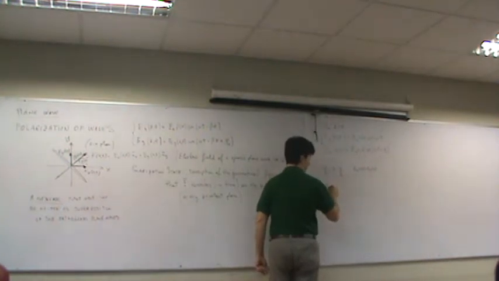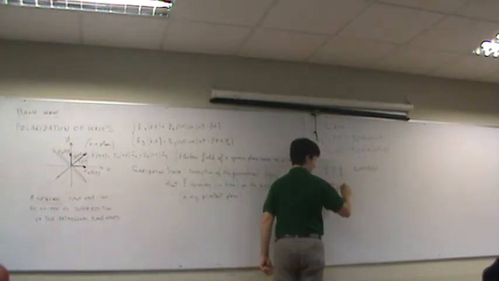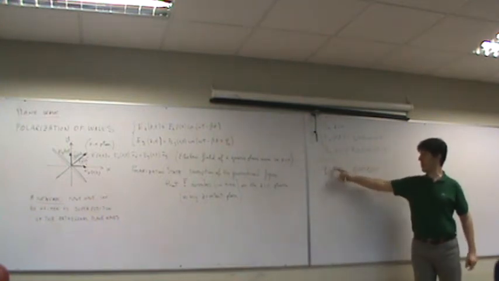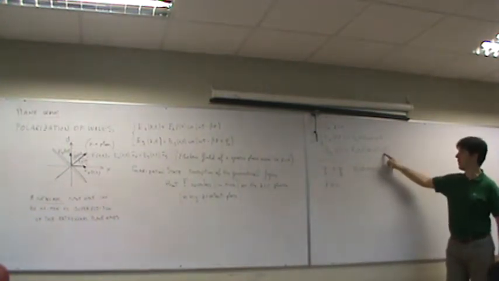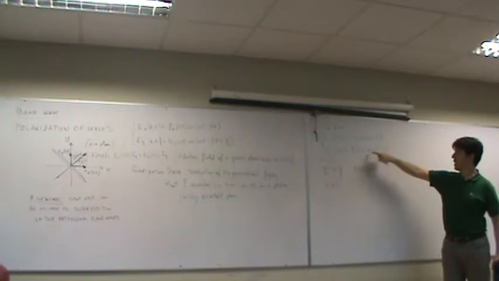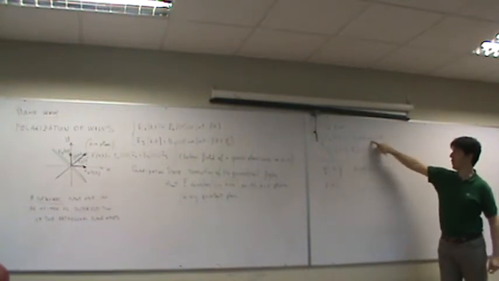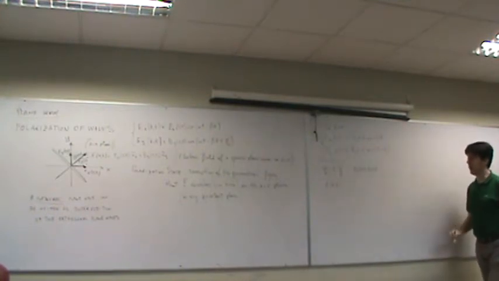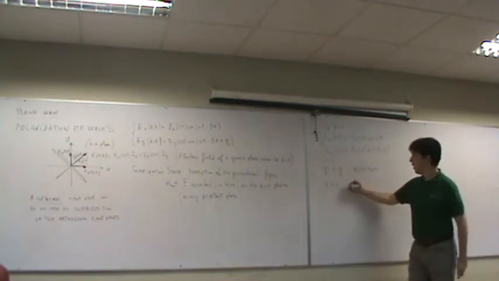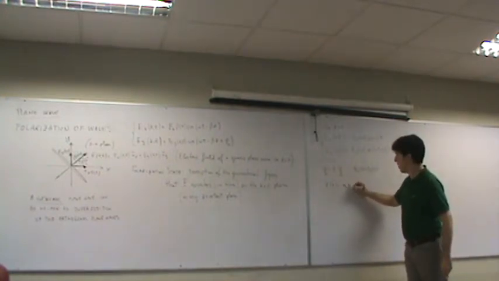Okay, what polarization will we find? Let me tell you that this term here means simply that in time this is important, but we'll go back to this in a moment. Okay, the equations are the same.